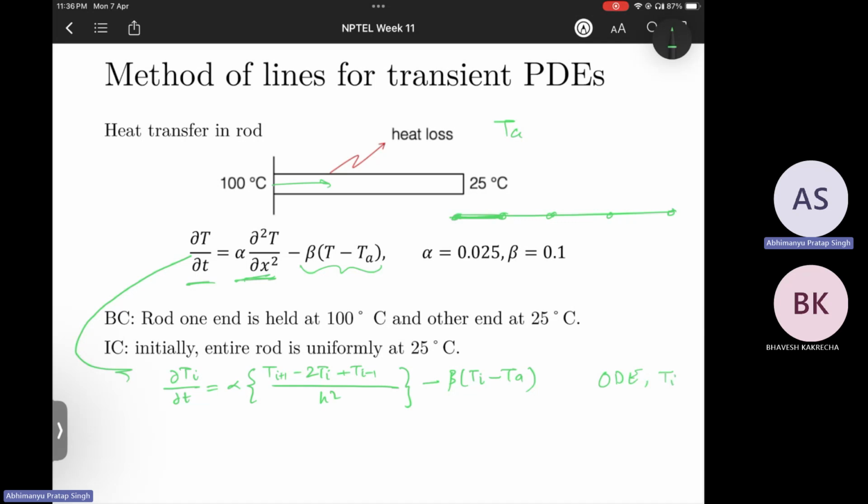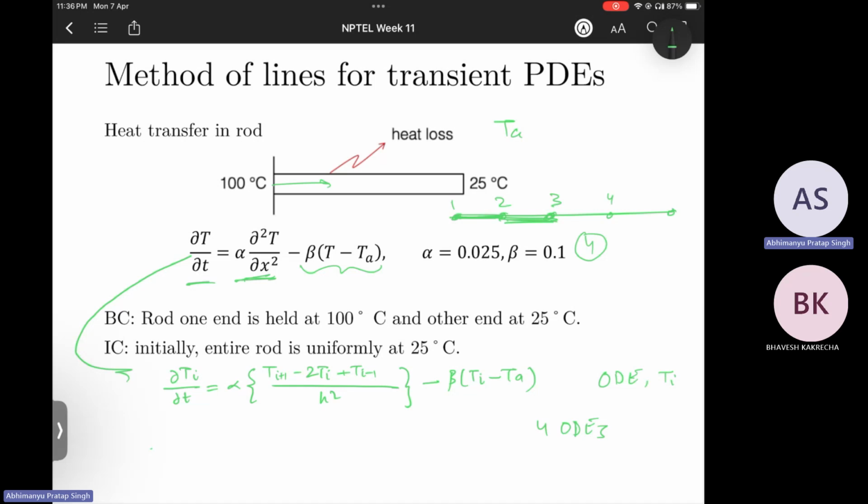this, which is basically an ODE in terms of Ti. Similarly for the other line we get another equation, and likewise, if I am discretizing it into 4 domains, then I will get 4 ODEs. Each of these ODEs is coupled, because Ti plus one I will be getting from the next node. If this is my node 1, this is node 2, node 3, and this is node 4, then for this node I need the temperature from the previous node and the temperature from the next node.